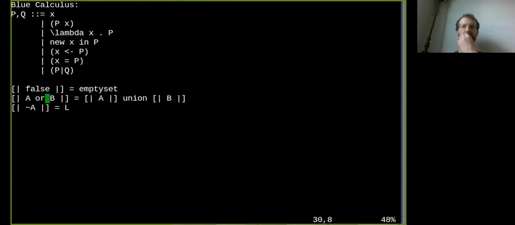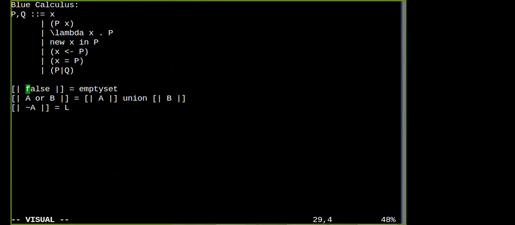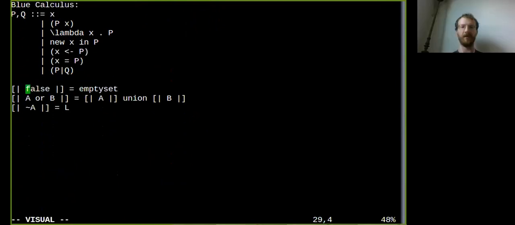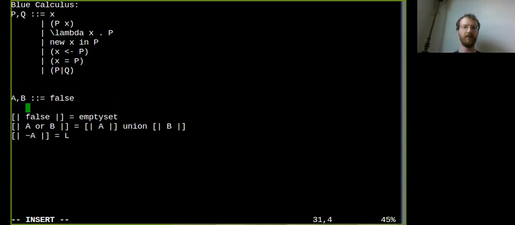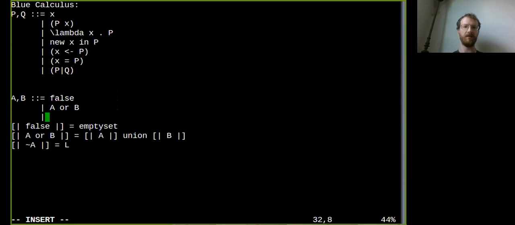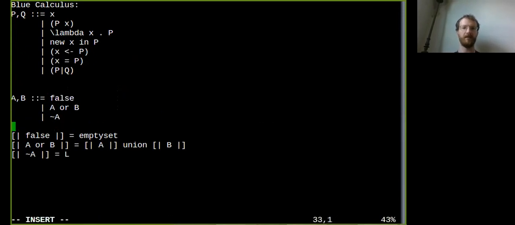It's the same structure, except that it has the ors and ands and nots. The grammar is embedded into everything that's on the left-hand side here. So you could imagine this being like: A, B equals false, or A or B, or not A, kind of like that.